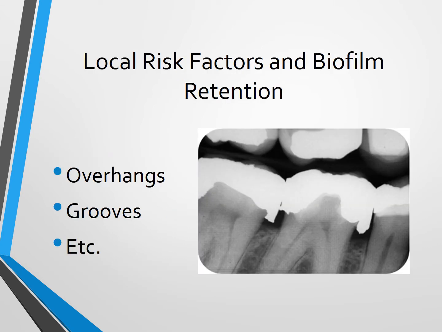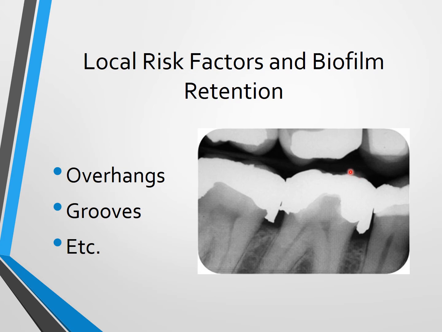In viewing local risk factors and biofilm retention, one of the major local factors that we see are overhangs as a result of restorations that are improperly contoured. We also see grooves, calculus, or any other factor that may have an impact on retention of the biofilm or microbial plaque.